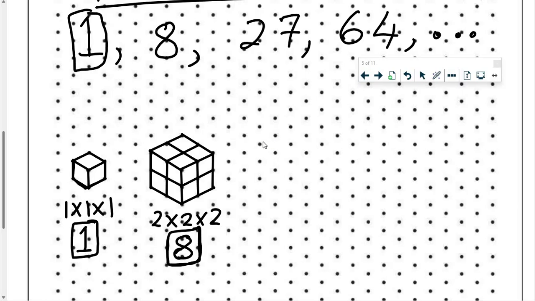Meaning, from one dot to the next, you count 3.